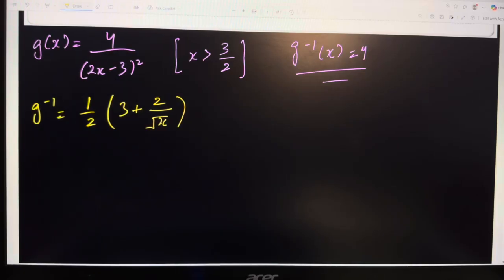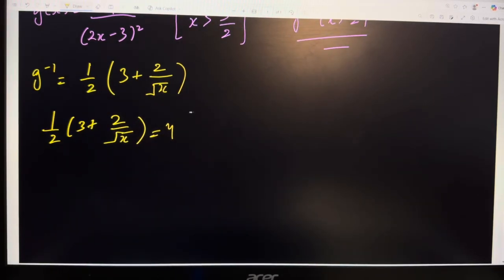So we can equate all of this is equal to 4. So 1 upon 2, 3 plus 2 upon under root x is equal to 4. So 2 here is dividing, it goes there and multiplies. So this becomes 8. 3 plus 2 upon under root x is equal to 8.